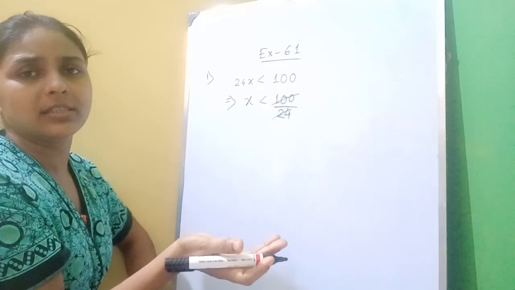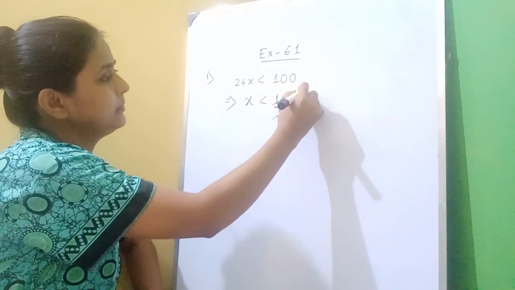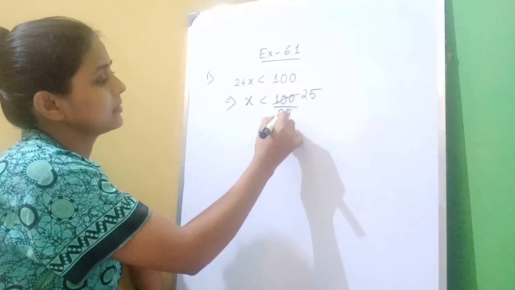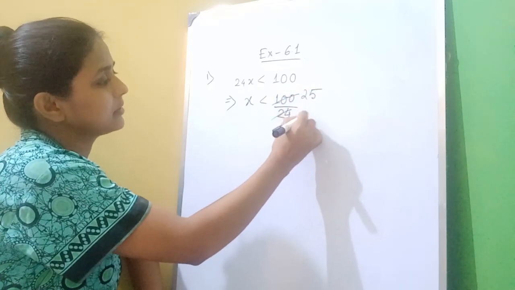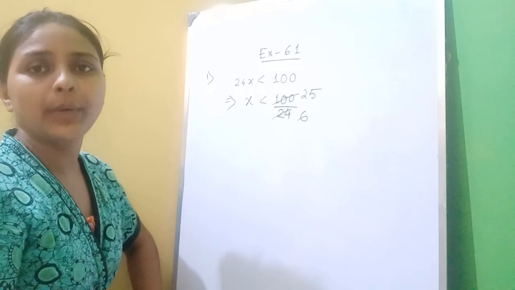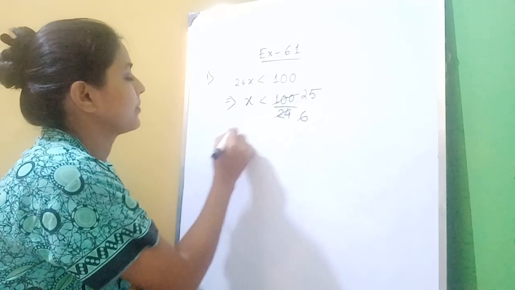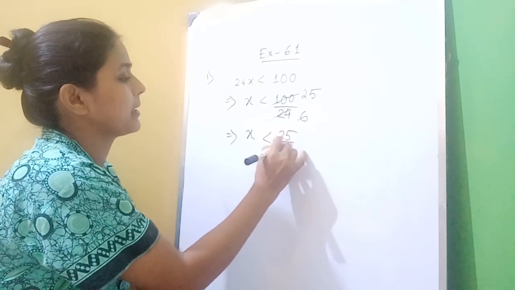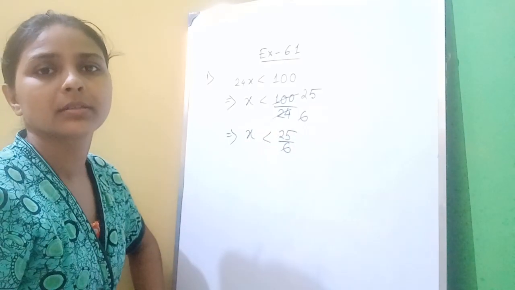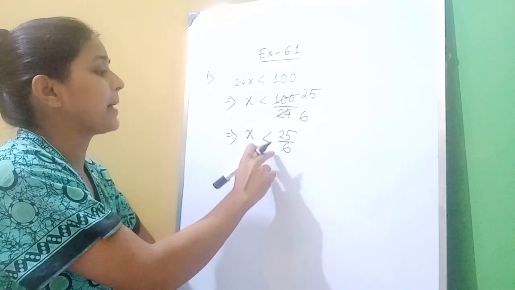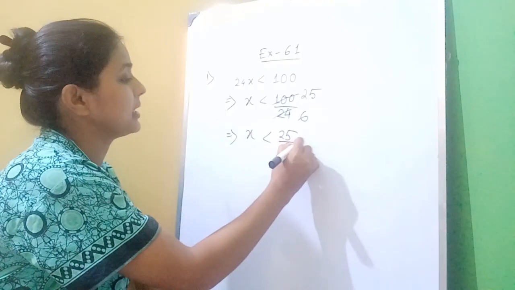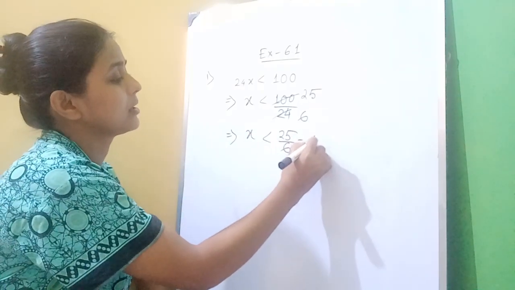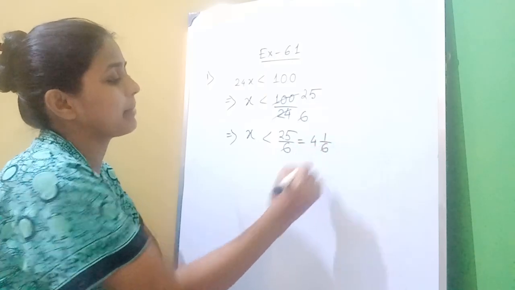The normal cancellation process, by 6. That means x is less than 25 by 6. Okay, 25 by 6 means 4 whole 1 by 6.